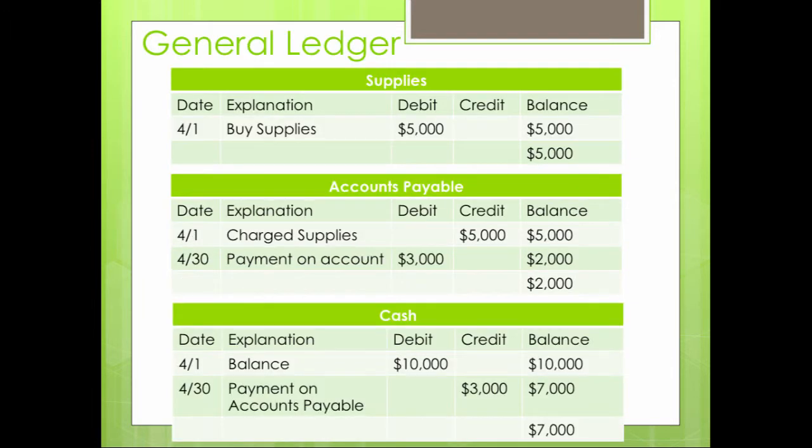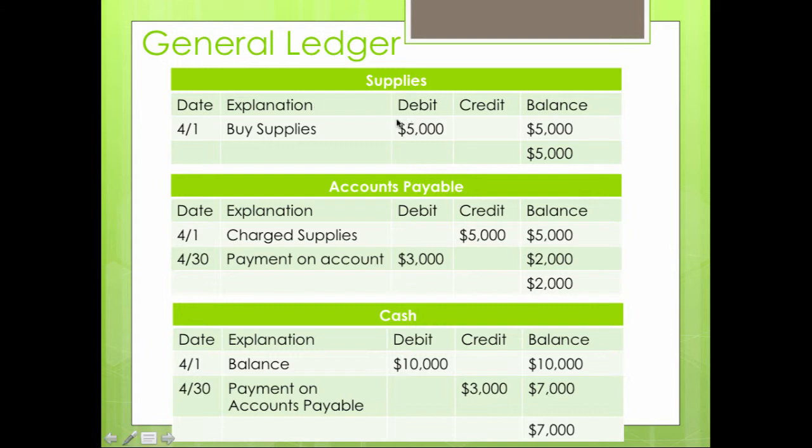Okay, now this visual shows you what a general ledger looks like. Let's go back to the checking account statement. Pretend that you would like to know how you spent your money in a particular month. You want to know how much money you spent on food, how much you spent on gas, how much you spent on clothes, etc. Well, think of the general ledger as the statement that separates the transactions based on each account within the accounting equation.